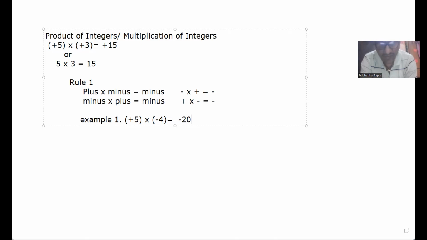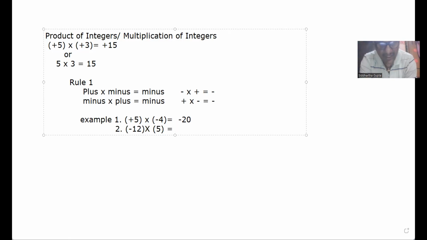And then we take one more example. That is example number 2. Suppose we have two numbers. First is minus 12, into 5. What is the product of this?